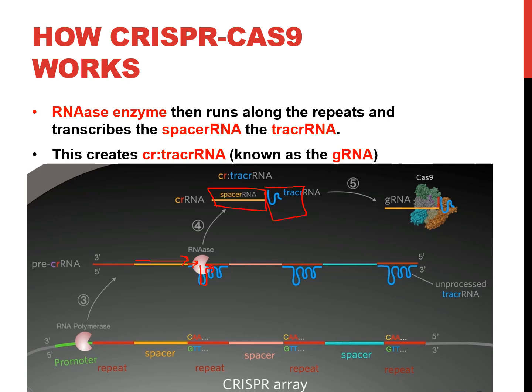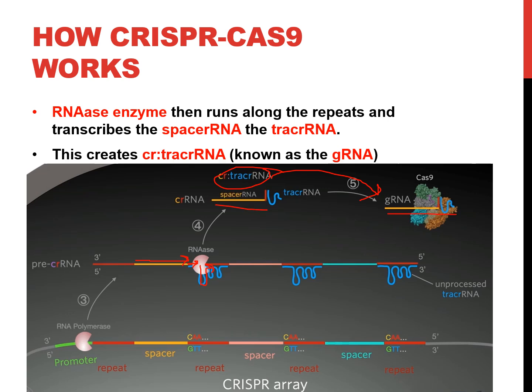They will come together to make CRISPR tracer RNA. Firstly, it becomes the CRISPR RNA here, and then it attaches with the tracer, which makes a CRISPR tracer RNA. Again, CRISPR tracer RNA, really, that is the same thing as your guide RNA. As you can see, this is exactly the same as this.